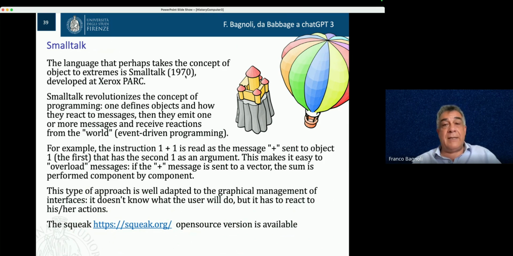Then Smalltalk was never, although I studied it at the time, so several years after, because in 1970 I was 9 years old, so I was not yet studying computers. But I remember having been fascinated by Smalltalk and this idea of everything is a message, also because it had a kind of graphic interface very similar to the nowadays notebooks idea.